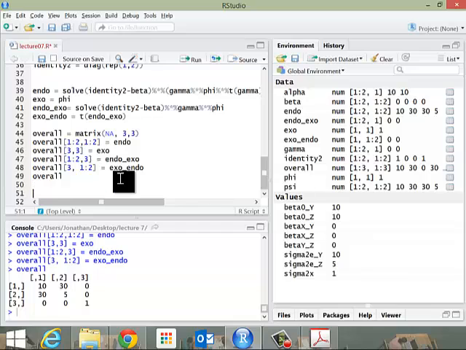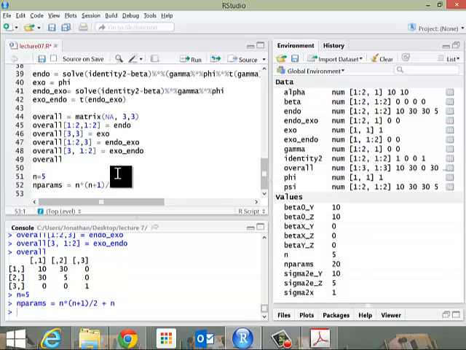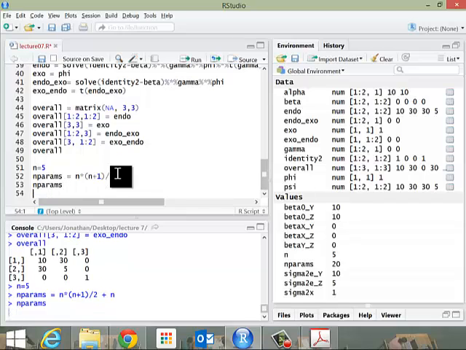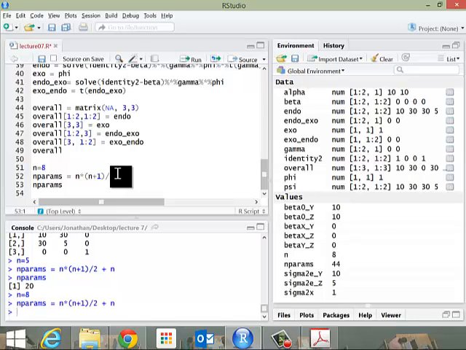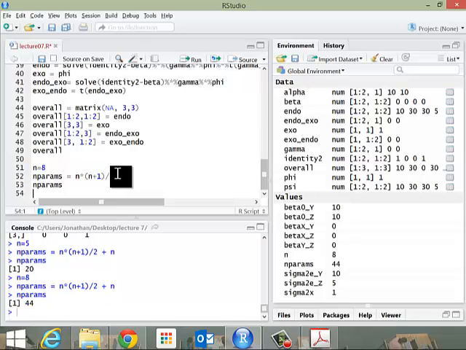So with n equals 5, that gives us, in a saturated model, 20 parameters. That's the limit of what we can get to. If I switch that to 8, we have 44. So we have to describe a lot more information in one analysis to make this work.